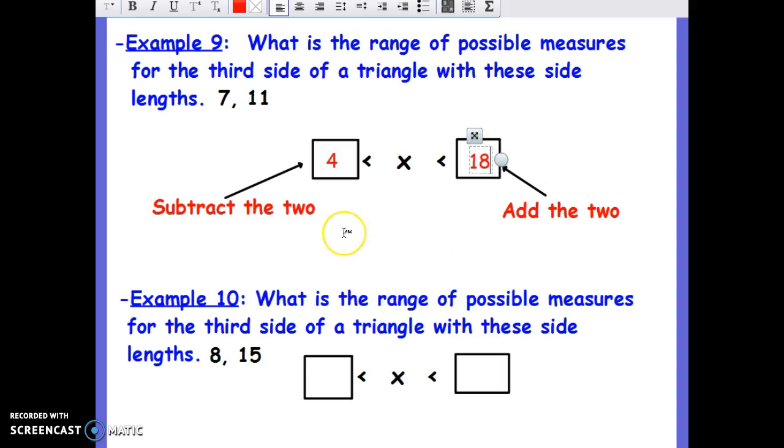So we know that our range of sides can be anywhere between x has to be greater than 4 and less than 18. Now what's the range of possible measures for this triangle? Again, we subtract the two, so 15 minus 8 is 7, and 15 plus 8 is 23. So in our range of possible measures, the number has to be greater than 7, but less than 23.